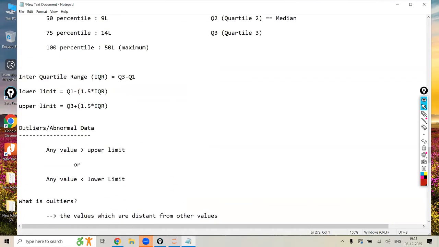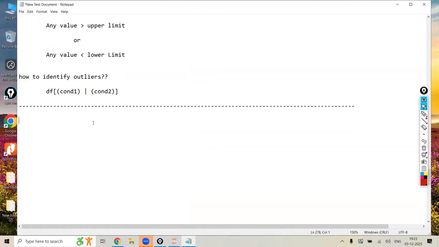Now, which is the best measure for the given data? If the given data consists of no outliers, then mean is the best measure.